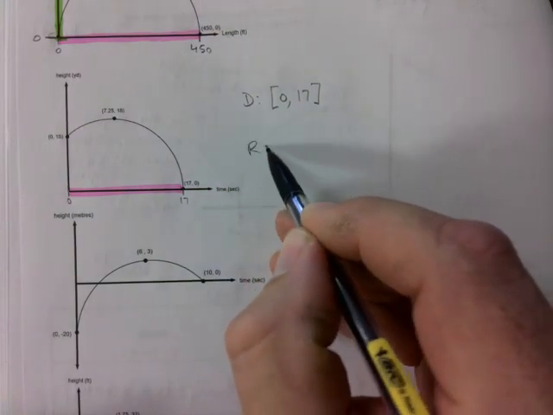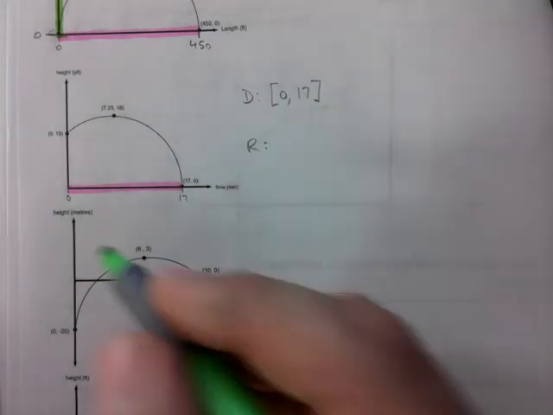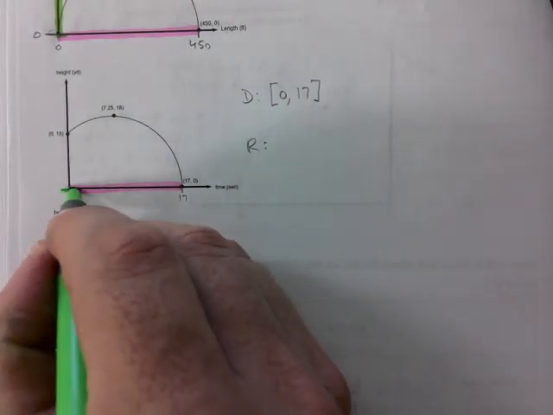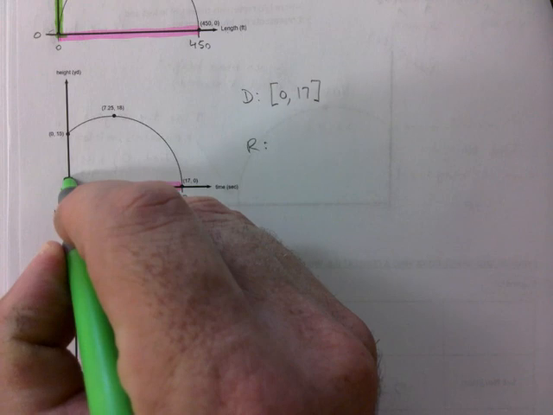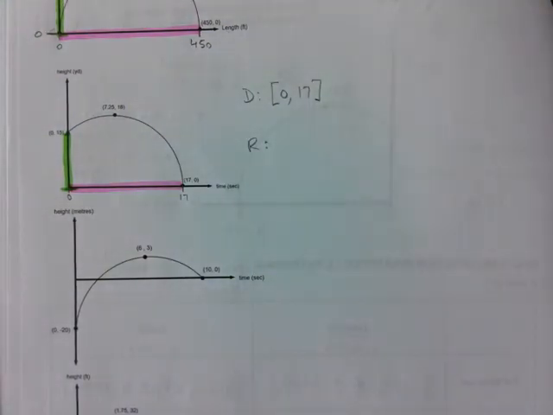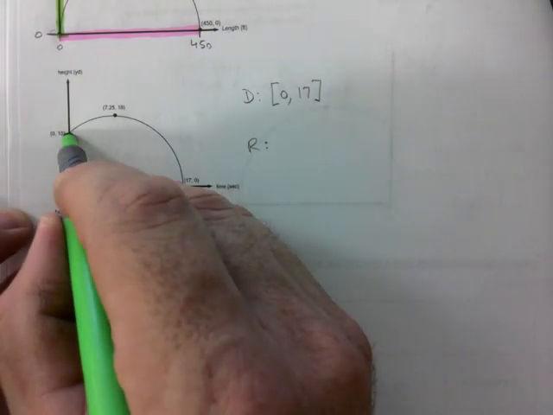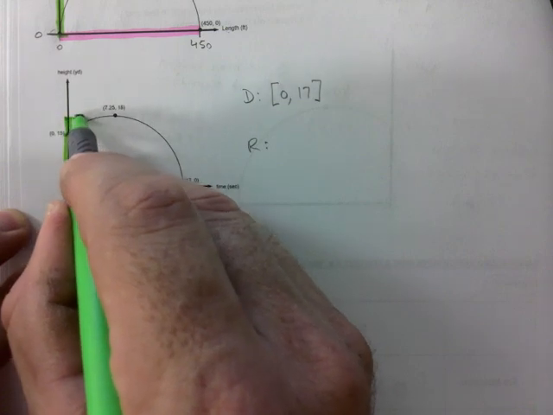For range, I'm going to use my green one. You've got to watch out, right? You see the curve at 0, keep going, and some students stop there, because hey, the curve is touching right there. But imagine you're looking to the side, you still see the curve all the way to here.